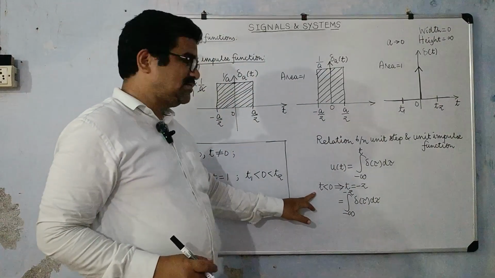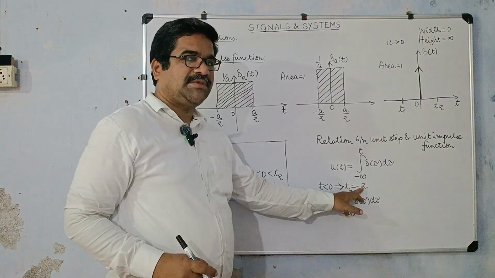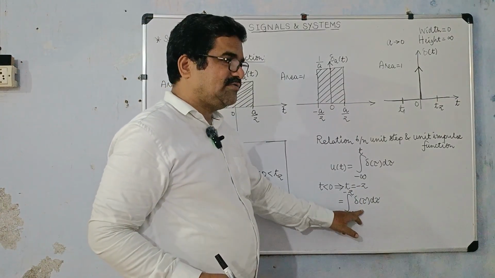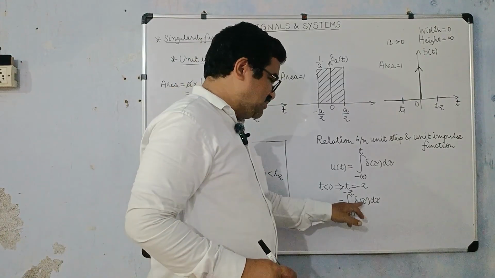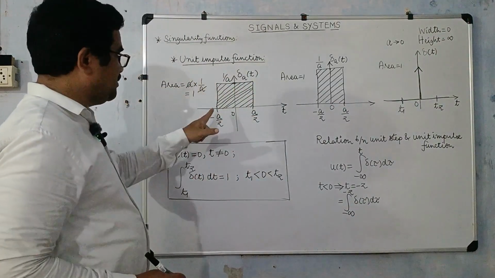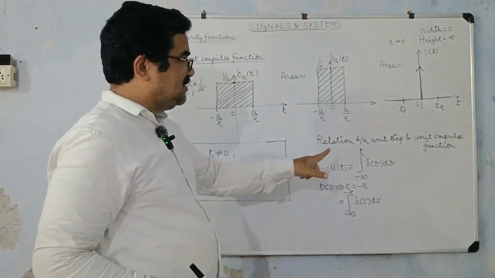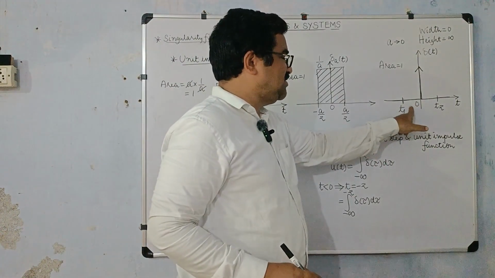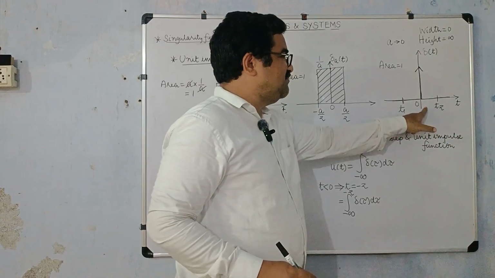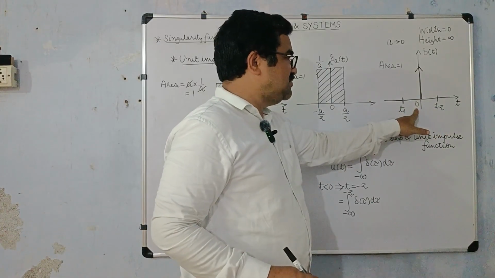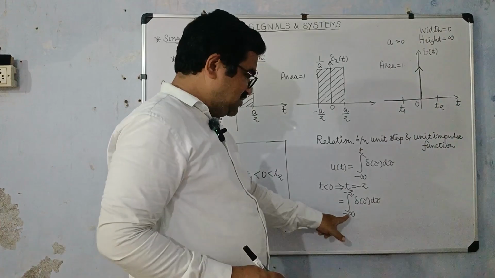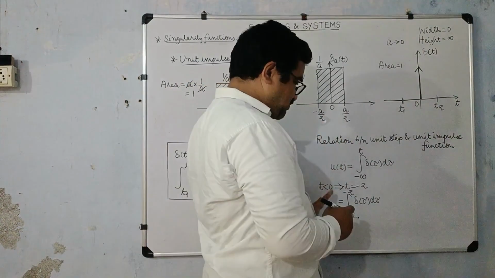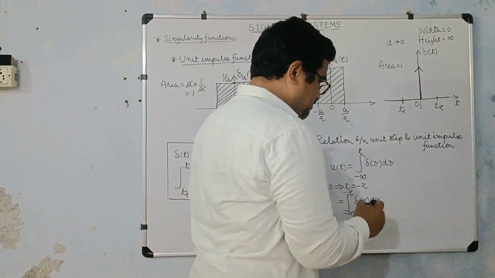If t is less than 0, for example, let t be minus 2, the integral from minus infinity to minus 2 of delta of tau d tau. But what is delta of t? If I take the delta of t, the limits between which I am integrating should include 0. But in this integral there is no 0. It is minus infinity to minus 2, so it is not covering 0, isn't it?